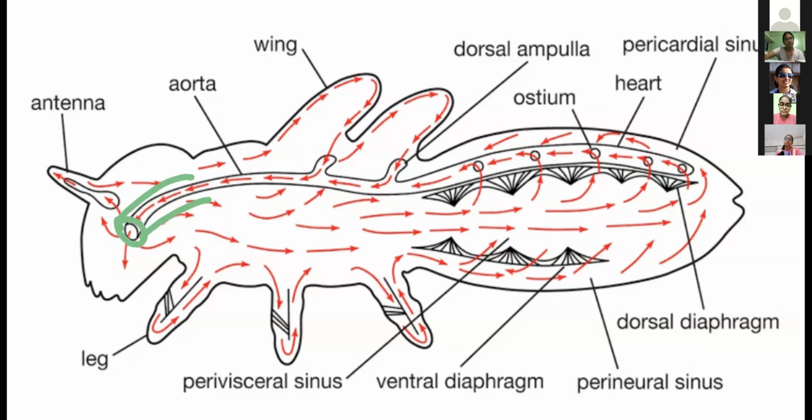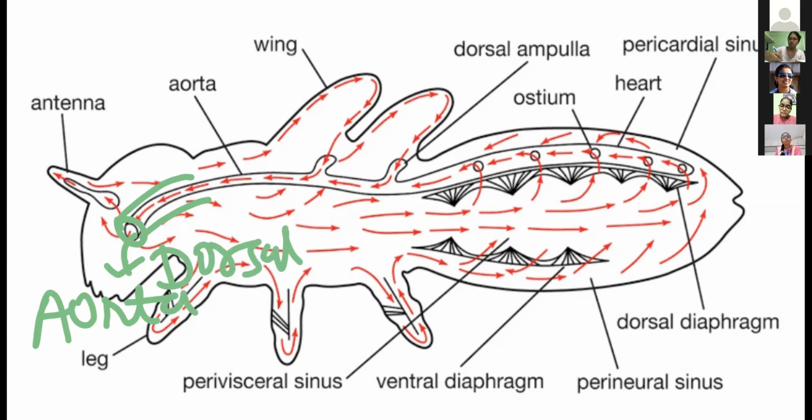So the blood comes outside from the circulatory system, and this part we call the aorta. That is present on the dorsal side, so we call it the dorsal aorta.